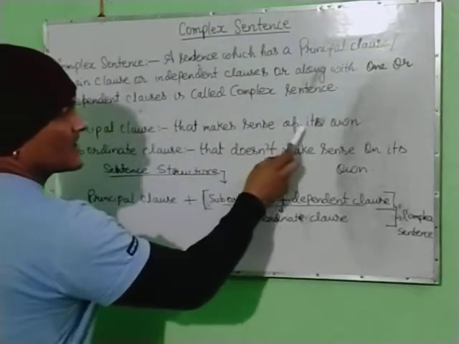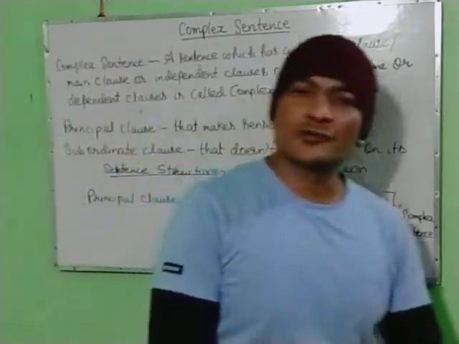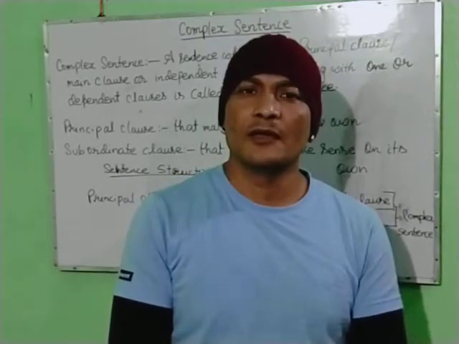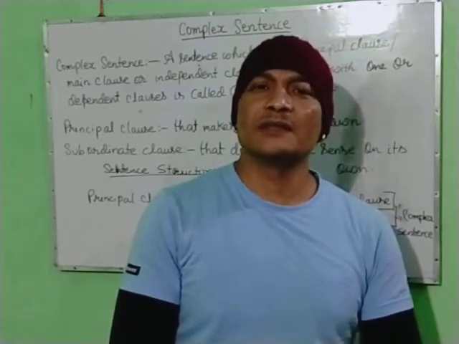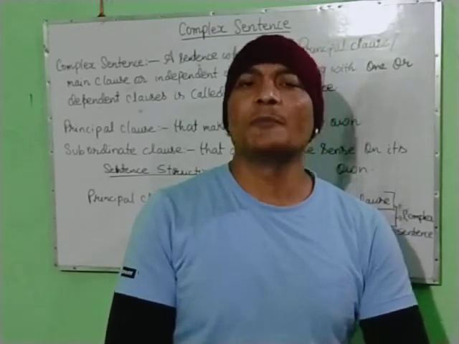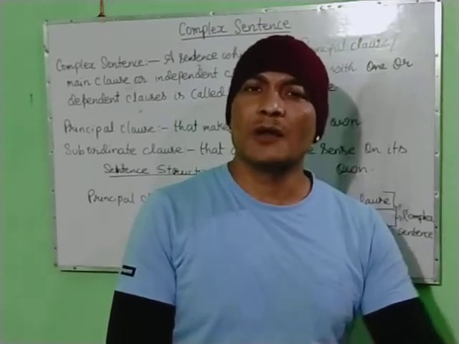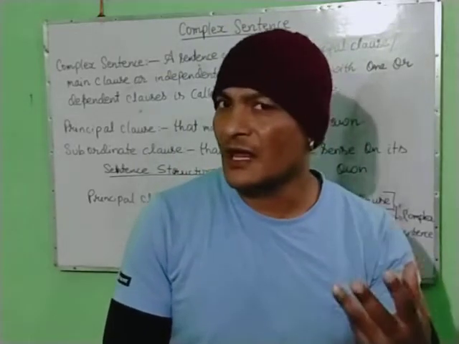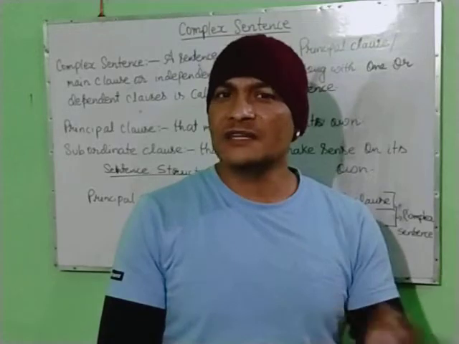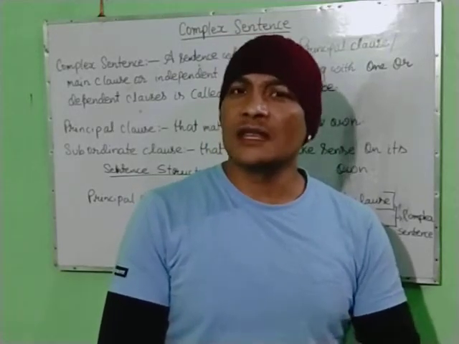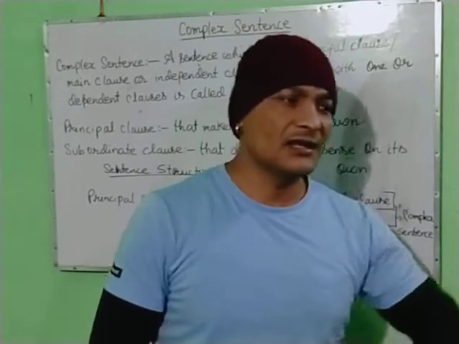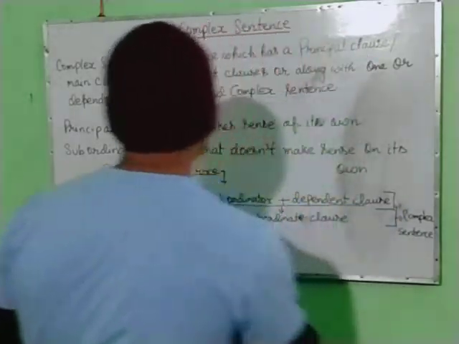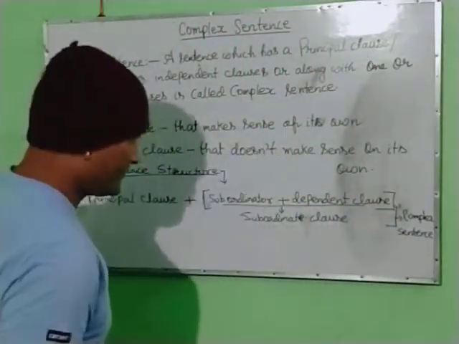Principal clause makes sense of its own. तो principal clause उसे बोलते हैं जो कि main clause को ही बोला जाता है. तो principal clause, it means that it makes a complete sense. तो ये complete sense बनाता है, इसको समझने में एकदम पूरी तरह से समझ में आ जाता है. तो that's why it is also called an independent clause. यानी कि ये किसी दूसरे सेंटेंस में निर्भर नहीं रहता है. So that's why we can say that principal clause makes a sense of its own.